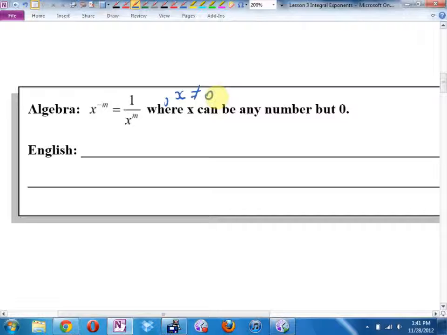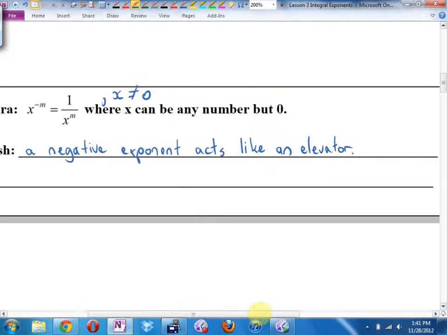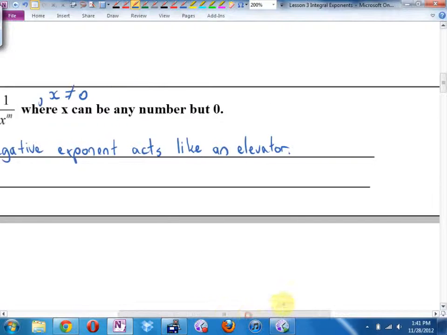Here's how I remember this. A negative exponent acts sort of like an elevator. Say what?